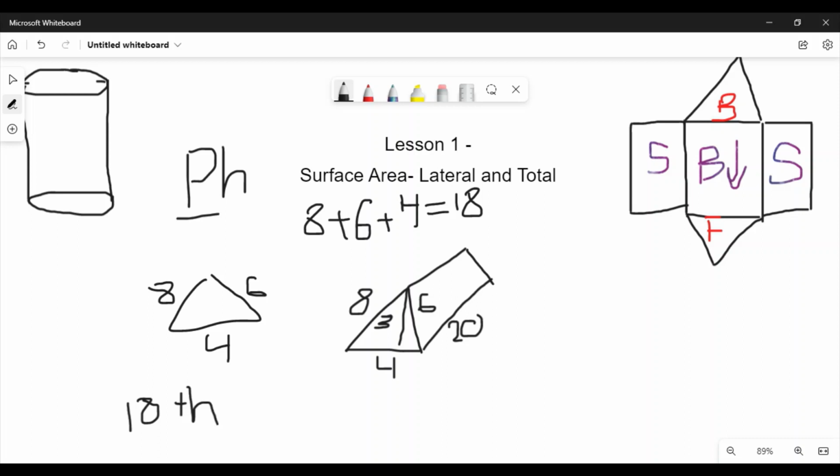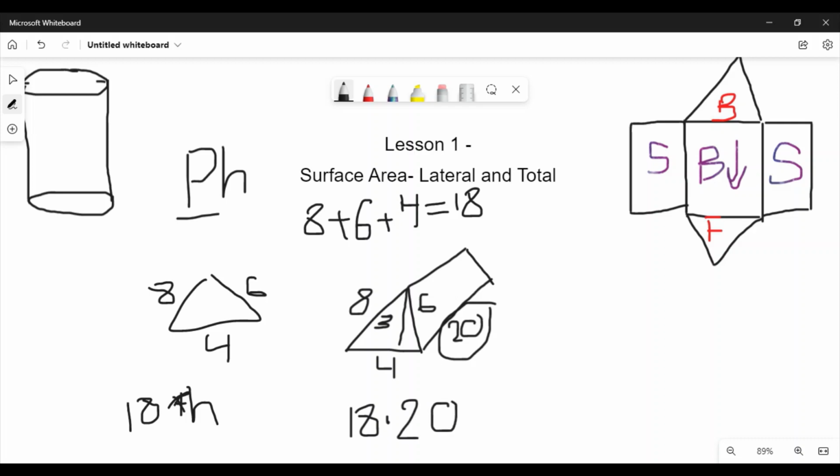And now the height is 20. The height, remember, as I said, is always the one perpendicular to the base. So in this case, it would be 20. Since that's the height, we just fill that in. 18, oh, I'm sorry, that's a multiplication sign. 18 times 20.